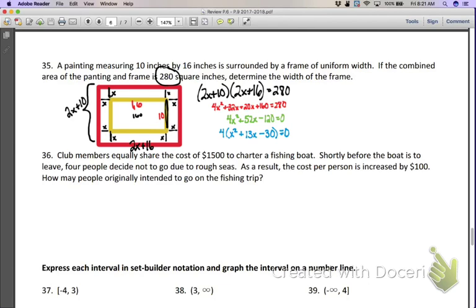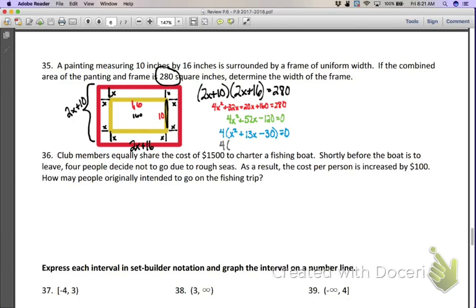So two numbers that multiply together to give me a negative 30 and combine to give me a positive 13. 15 and 2? Right, negative 2. That's what you said, right?